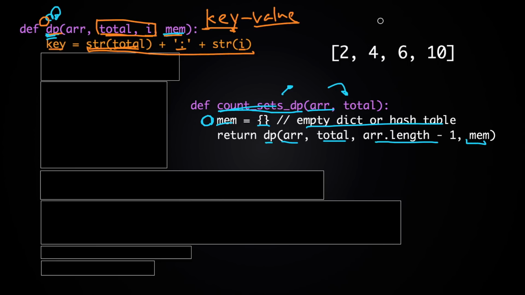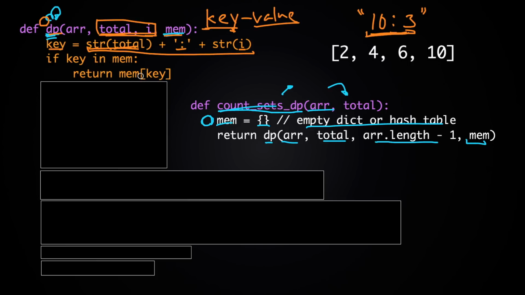So for example, if we had 10 as total and 3 as I, we'll have the string 10 colon 3 as the key. We don't necessarily have to use this particular string, but we just need a way to uniquely identify each argument pair with a string.